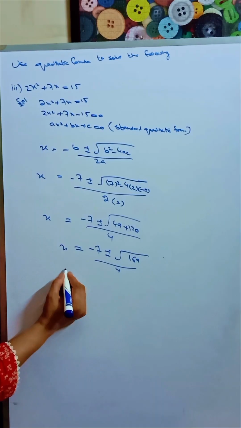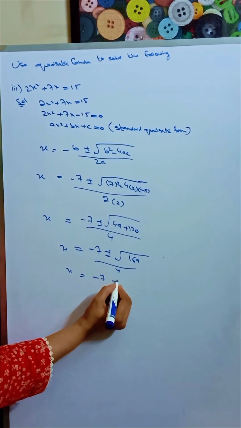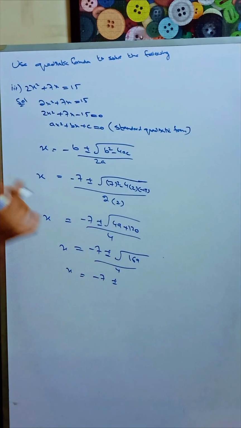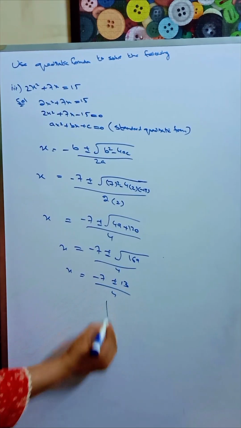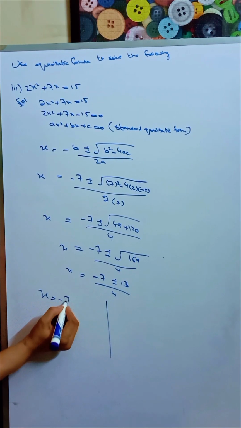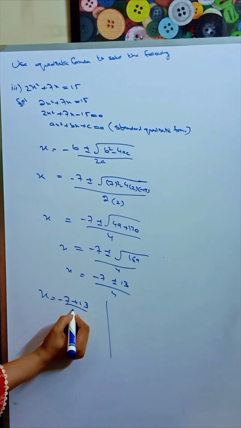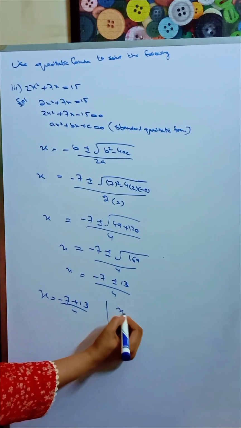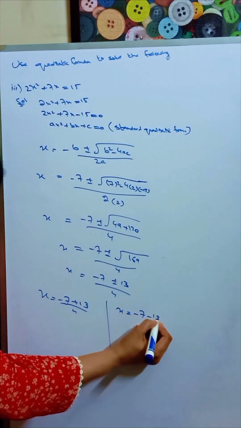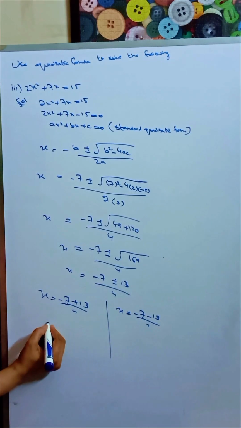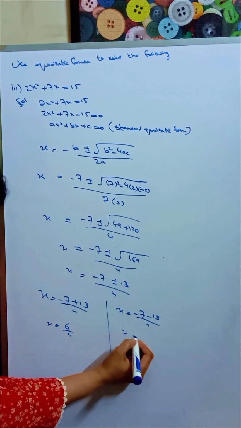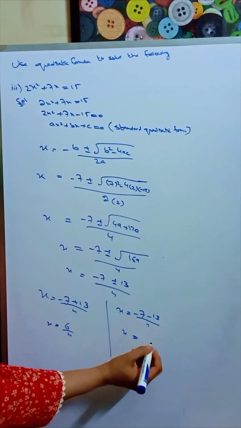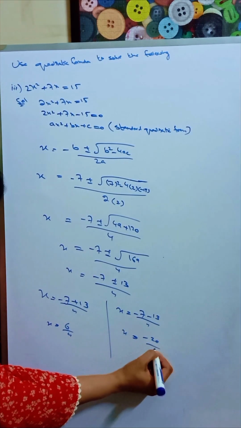Now solve it. x = (−7 ± √169) / 4, and the square root of 169 is 13. So x = (−7 + 13) / 4 and x = (−7 − 13) / 4. Solve it. 13 minus 7 is 6 over 4, and minus 13 minus 7 is minus 20 over 4.